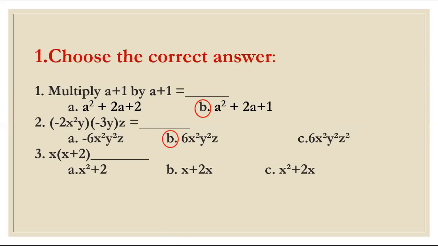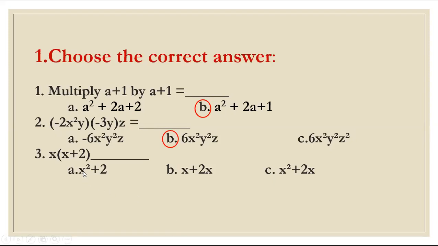So option B is correct. Jay, why do we get the minus sign? In question number 2, minus, minus, plus. We have to multiply the signs first. So option B is correct.